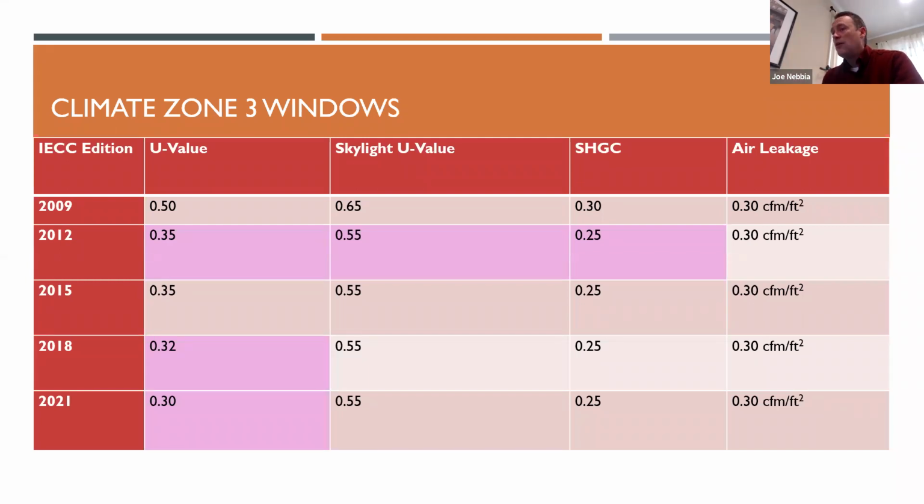In 2012, windows got more stringent in Climate Zone 3. You can see we jumped all the way down to a 0.35 U factor. That's still a pretty common window today, and pretty easy to find. 0.55 U value for skylights. And the solar heat gain coefficient got more aggressive in Climate Zone 3 because as we move further south in the country, we want to stop the radiant heat from entering because those climates are cooling driven.